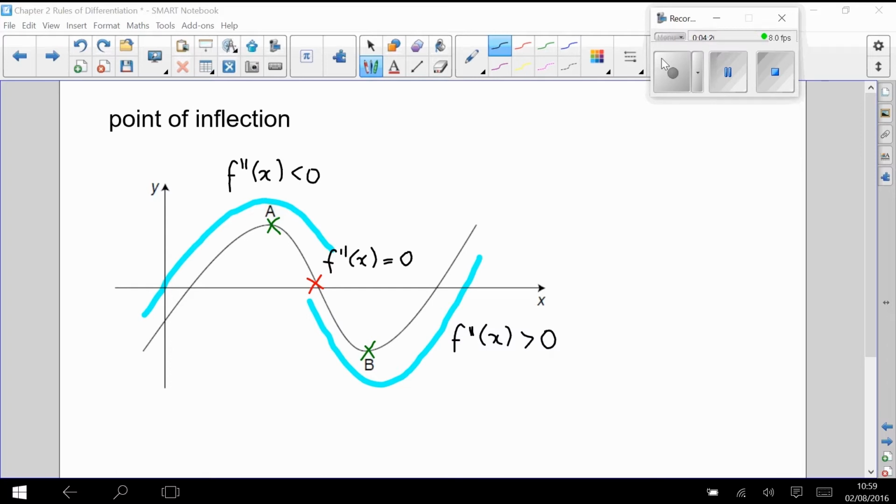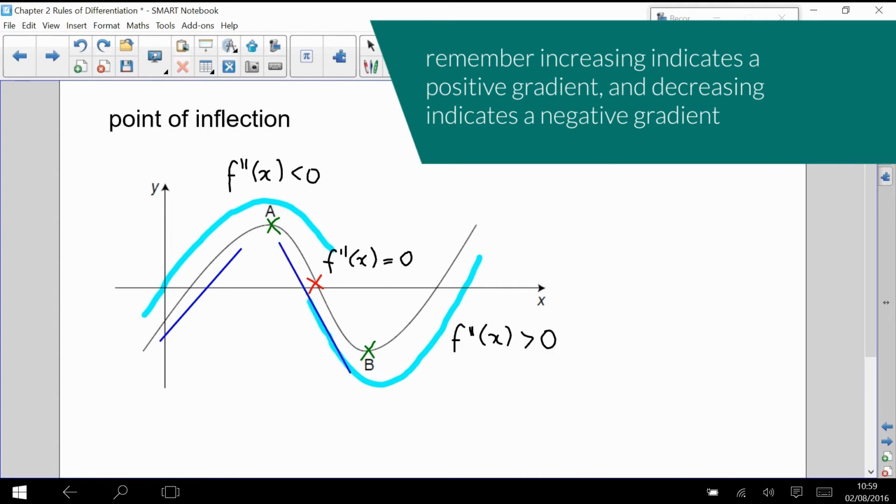Just before it and just after it, can you see that you've got the same gradient? My gradient goes increasing, let's do this in blue, increasing, then it goes decreasing, and then it goes increasing again. So if I look for an x value just to the left and just to the right of my point of inflection, my gradient must be the same.